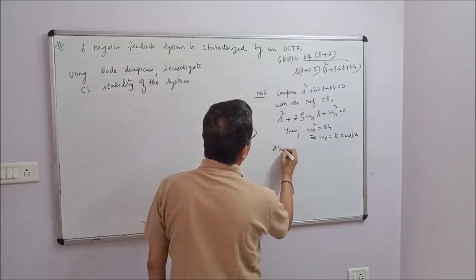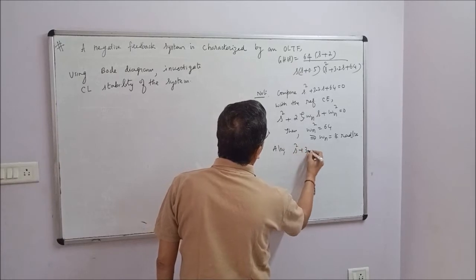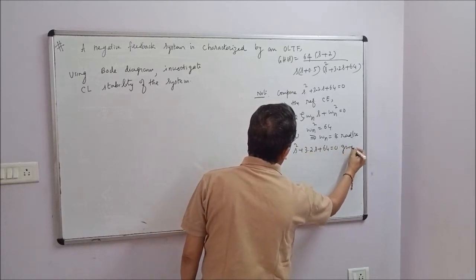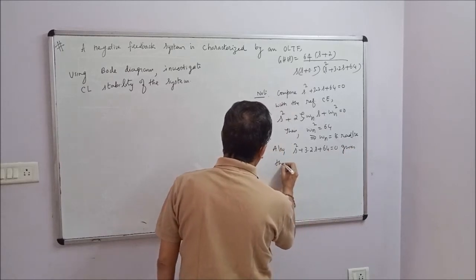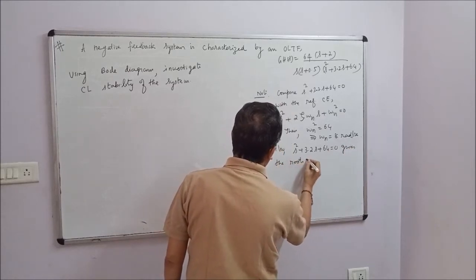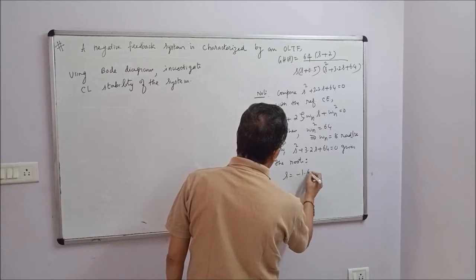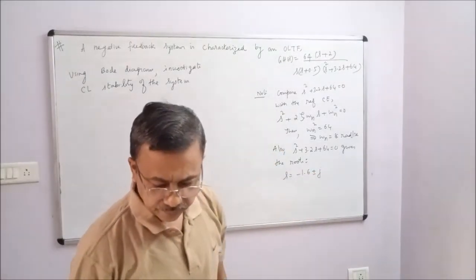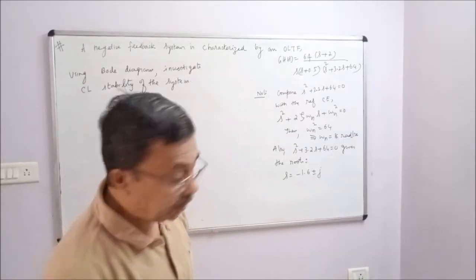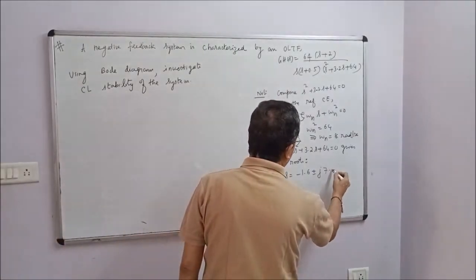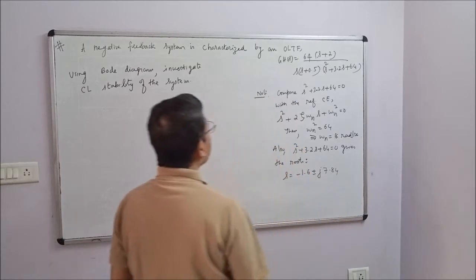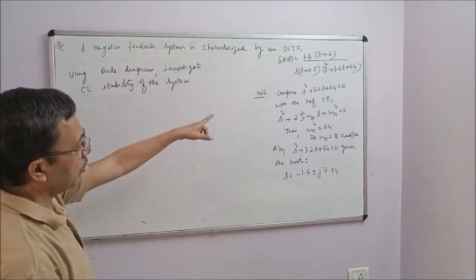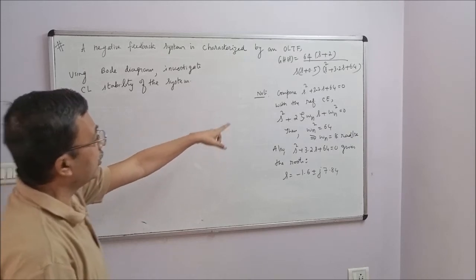Also, S square plus 3.2 S plus 64 equal to 0 gives the roots S is equal to minus 1.6 plus or minus j 7.84. Now this is a very important note. Please go through this.